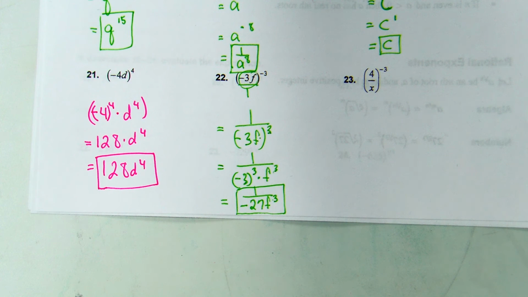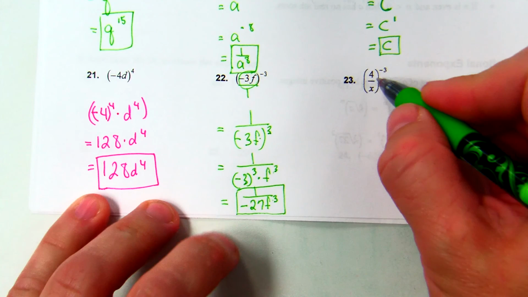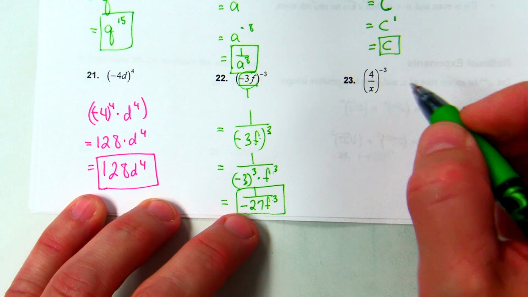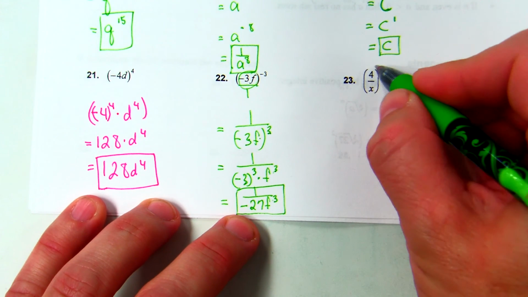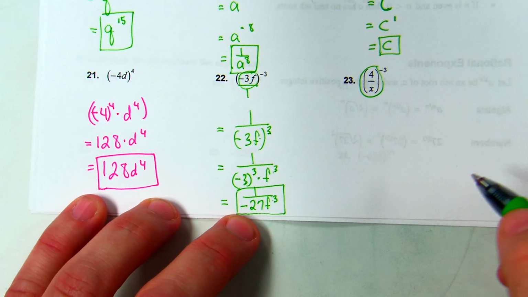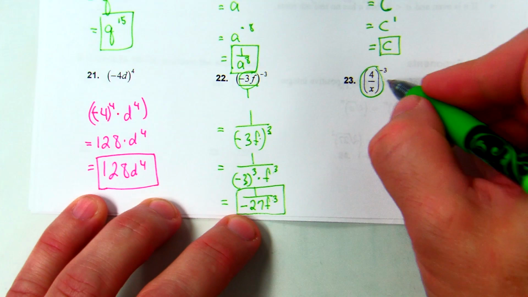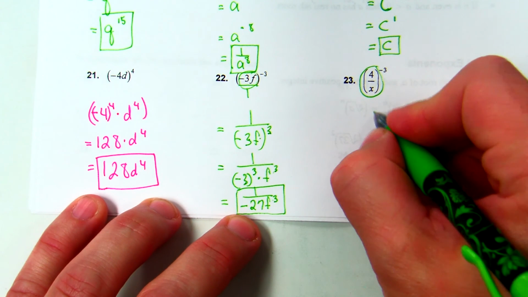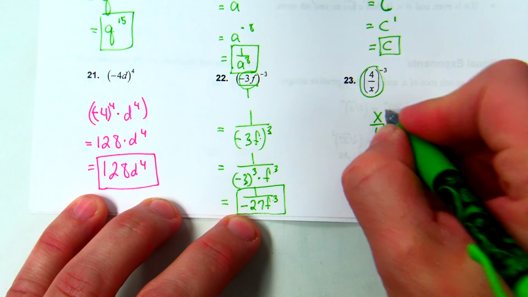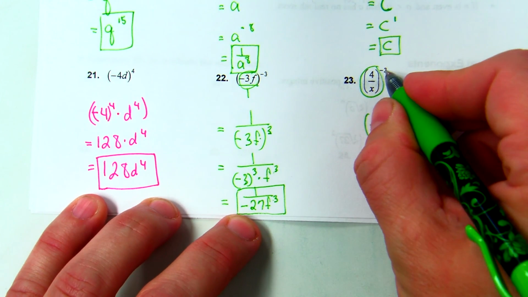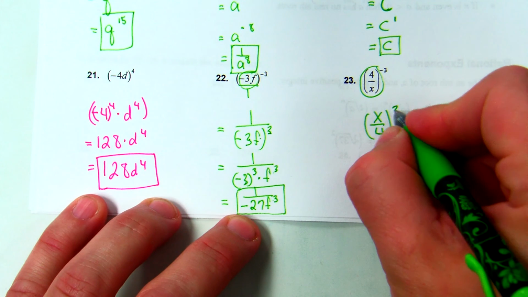Last example we've got here is 4 over x to the negative third. Again, we could take this base, and I think the simplest way to address this one is to flip the base or take the reciprocal. So it's x over 4, and then apply the power without the negative sign.